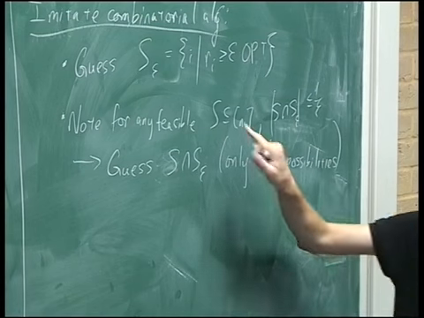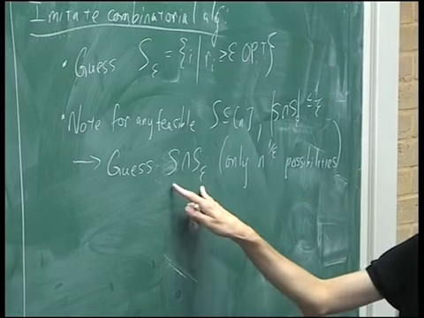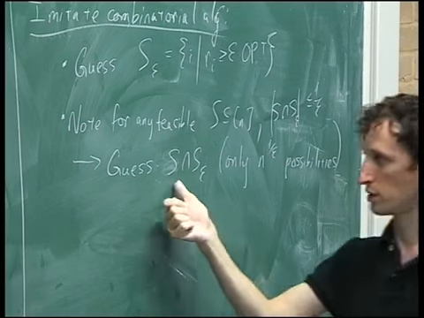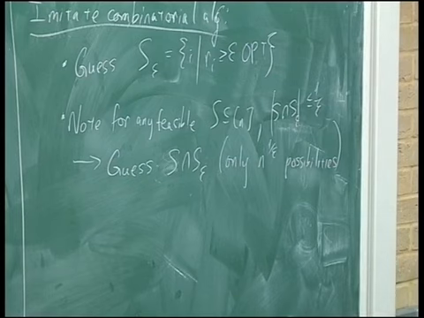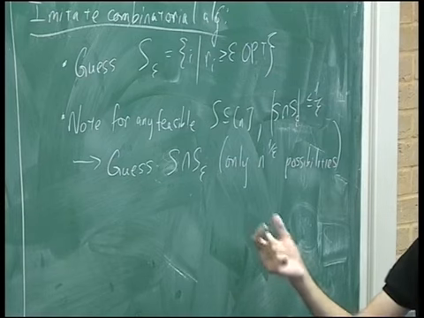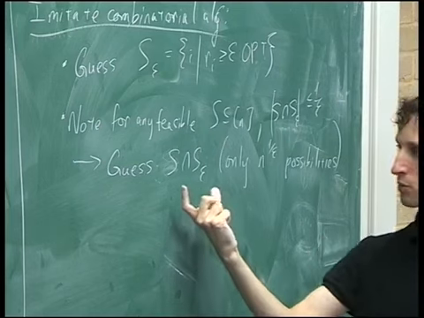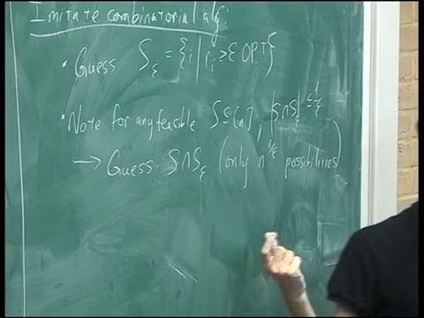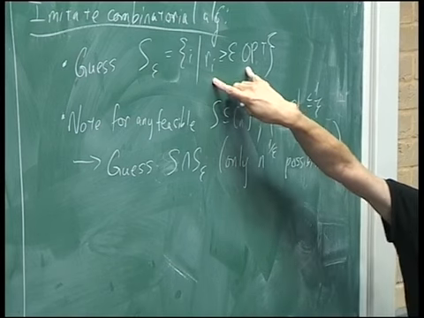Once we know S epsilon and which items from S epsilon are in the solution, the only thing that remains is to approximate the best remaining items that we need to choose. All these items are not going to be in this set. They're going to have small reward.